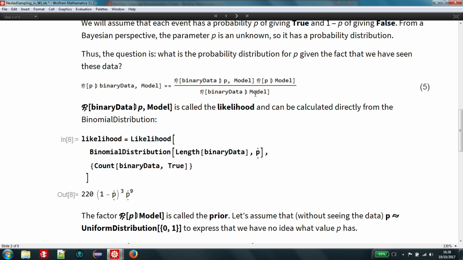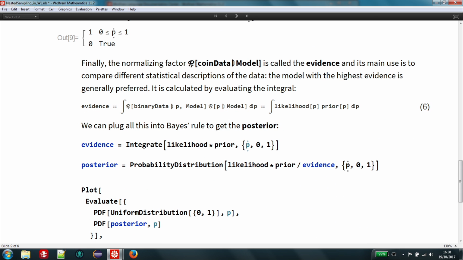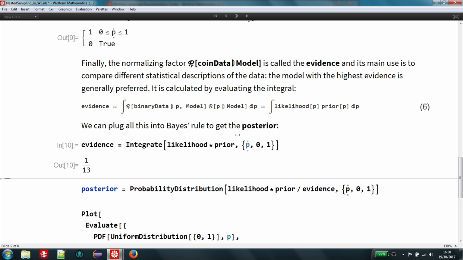This thing here doesn't depend on p, so this is just a normalizing factor. It makes sure that these two terms which do depend on p become a probability distribution. So the evidence is just the integral of the likelihood times the prior over p from 0 to 1, and that's 1 over 13 in this case.